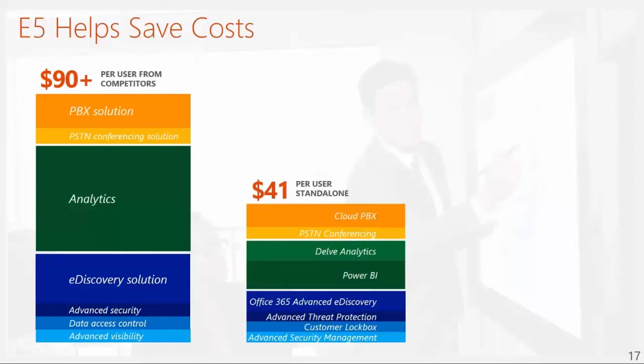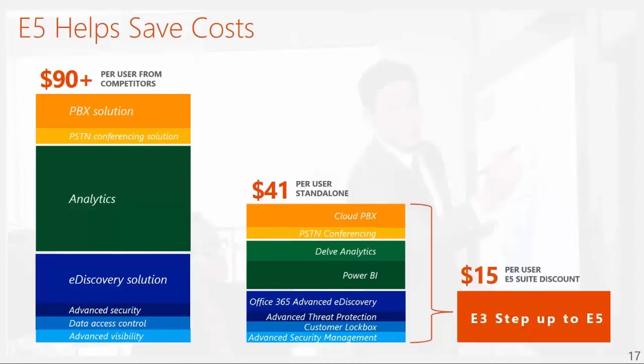It ultimately drops to $41 per user standalone for each one of these features individually, which is great, but when I'm adding on to an E3 license, let's face it, that's $20, and adding on each one individually, that's a pretty big amount. It's only $15 per user to step up from E3 to E5, a pretty substantial cost savings.